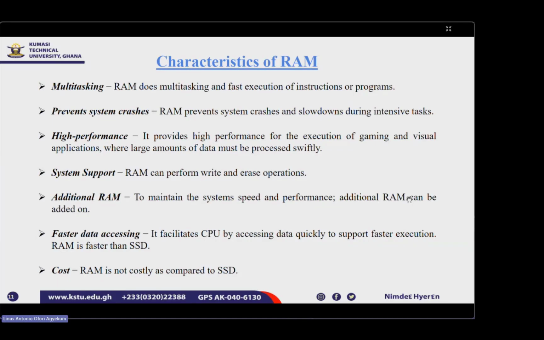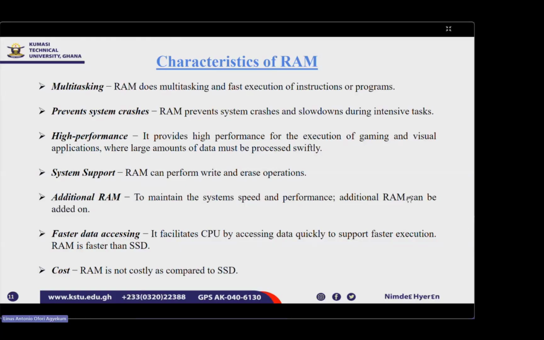The other characteristic is that it has high performance. Where you have RAMs of bigger sizes, you are able to perform a lot of activities, or execute a lot of programs with performance.